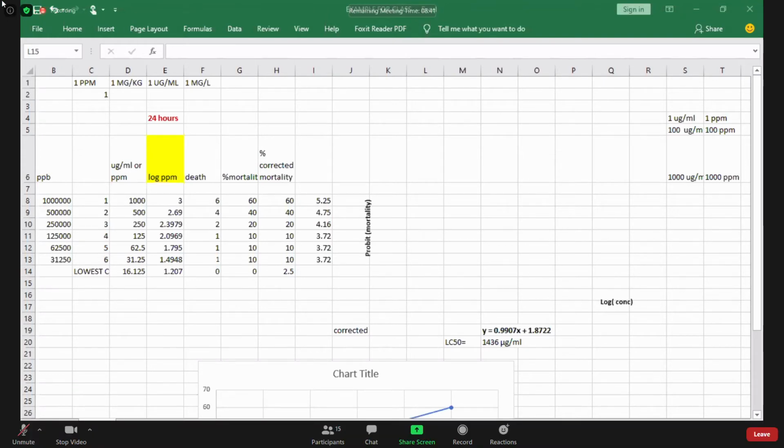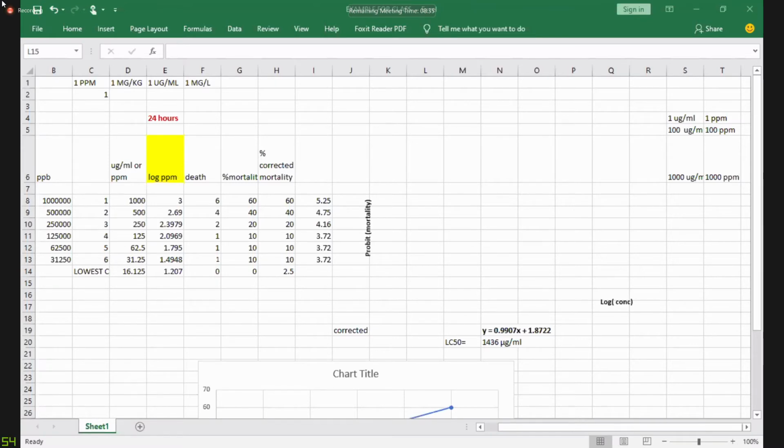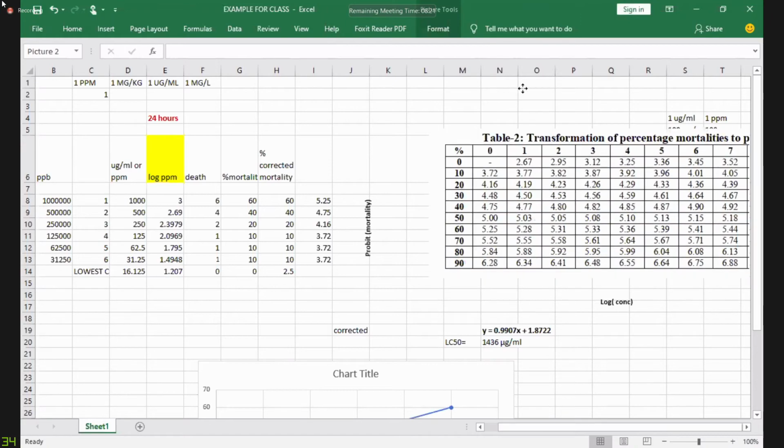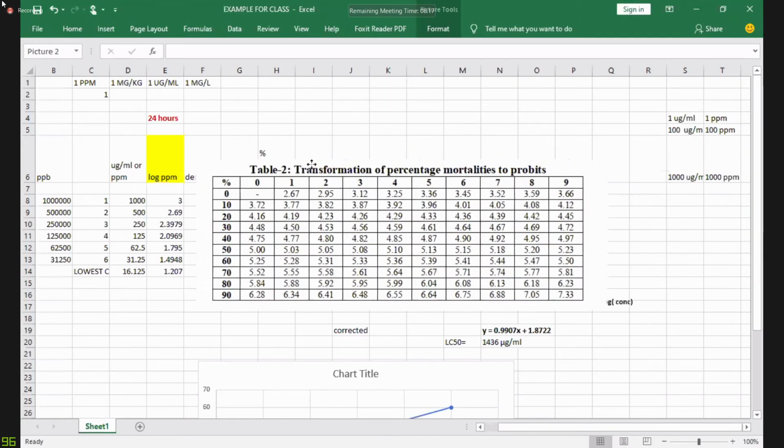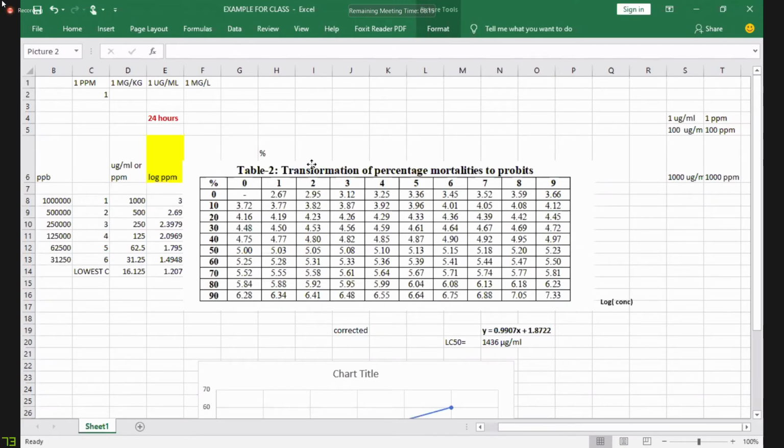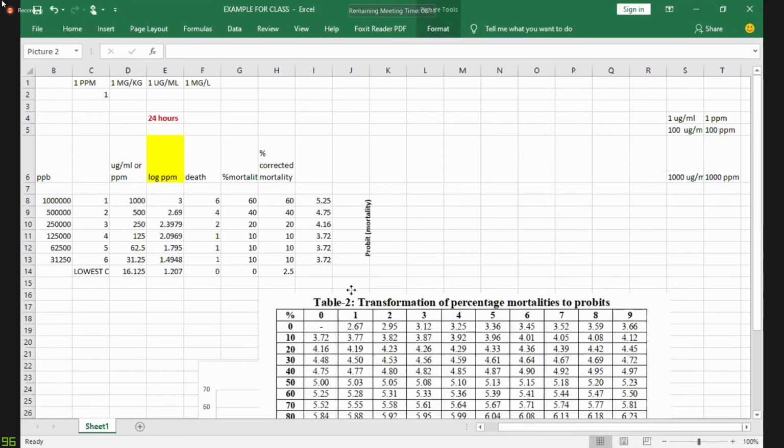No? Okay, let me just paste this. Copy. Can you see the probit table now? Yes, transformation of fish mortality to probit. Can you see it? Yes, it's clear, right?